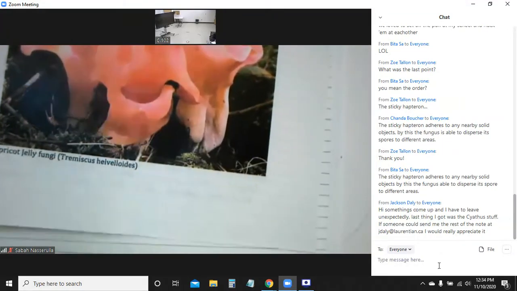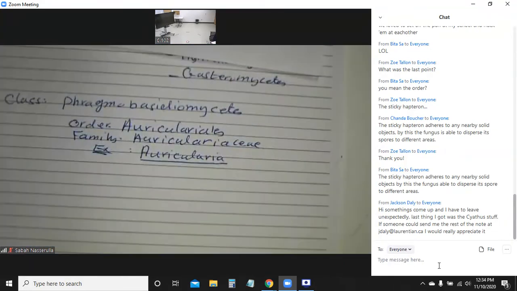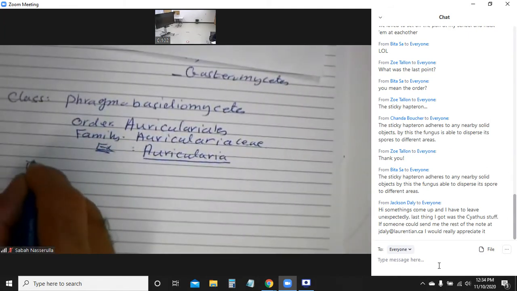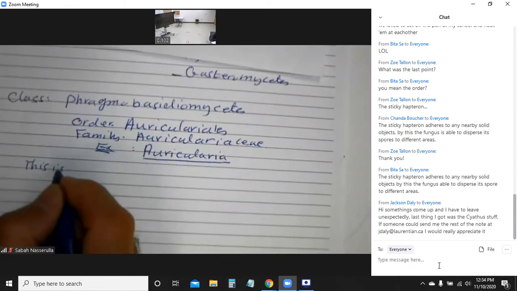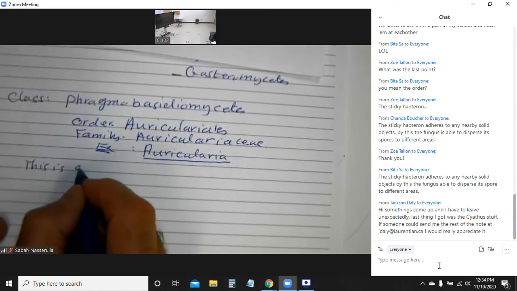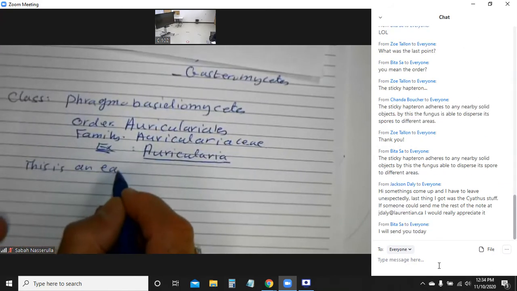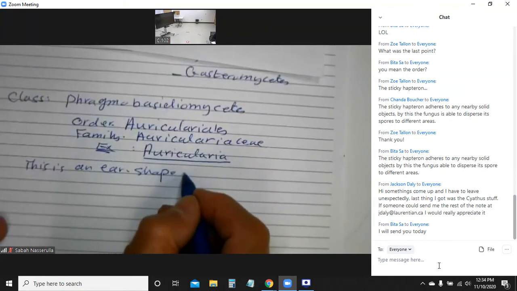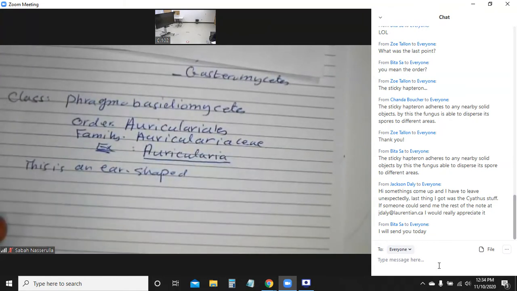But at the moment, just to describe a little: as I mentioned, it is an ear-shaped gelatinous structure.